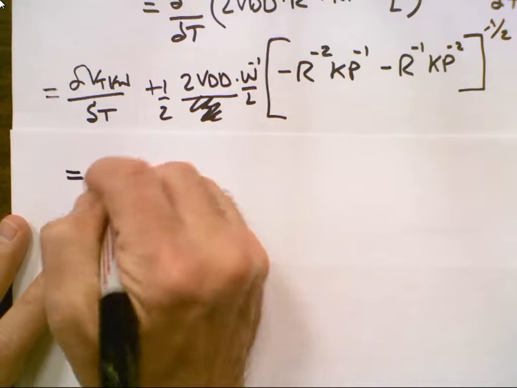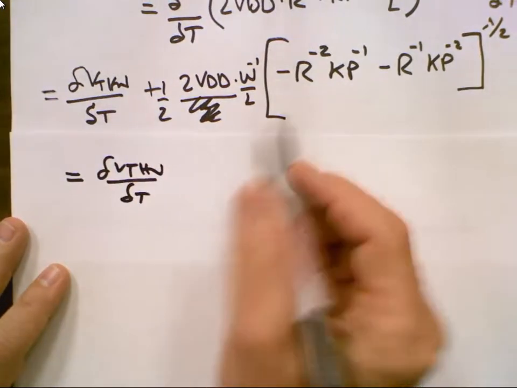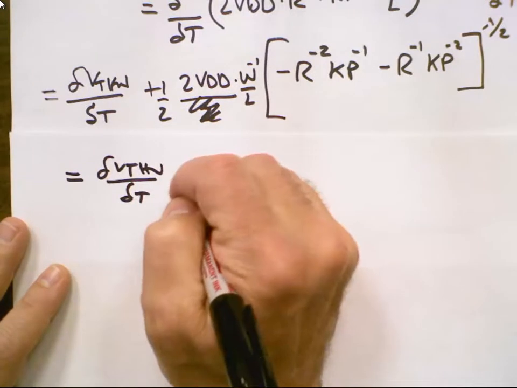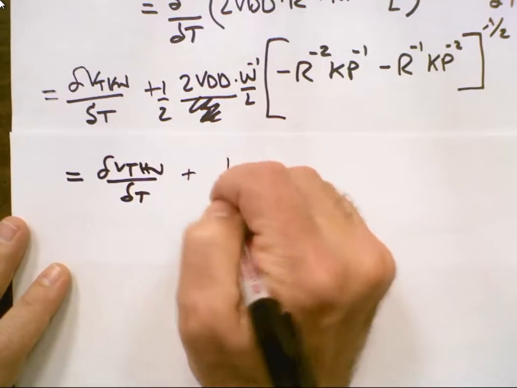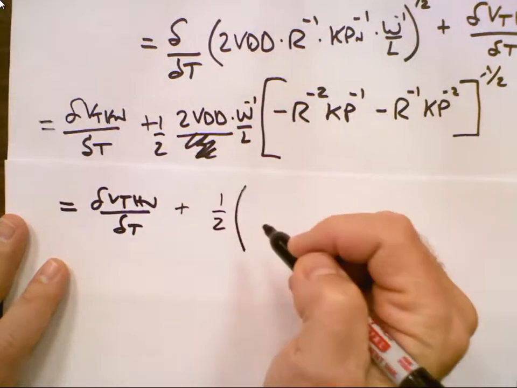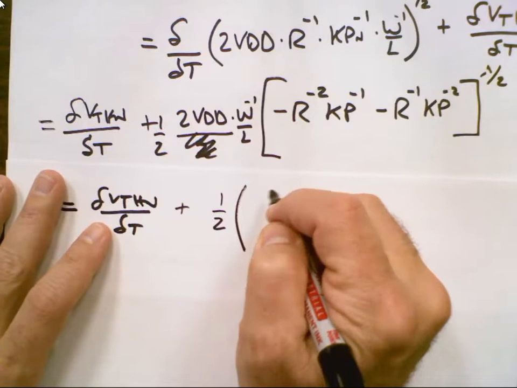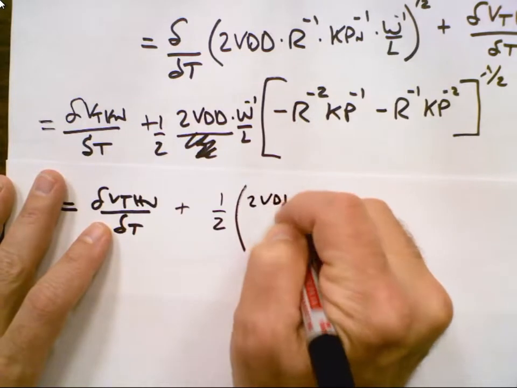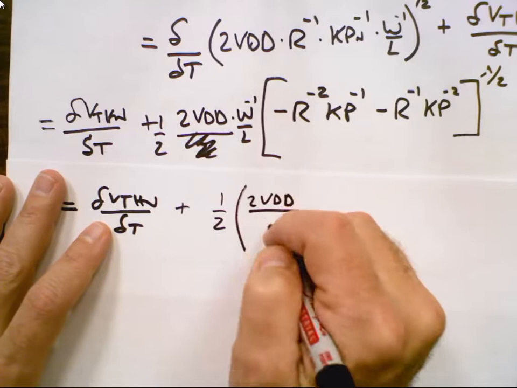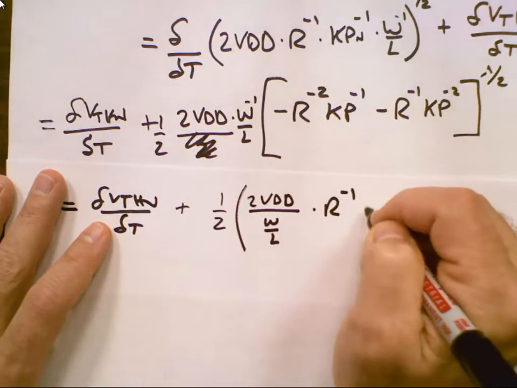So that's equal to del V threshold N del T, and then the derivative of that would be plus 1/2, and then let's leave everything in there. So that would be 2 VDD over W over L times R to the minus 1.